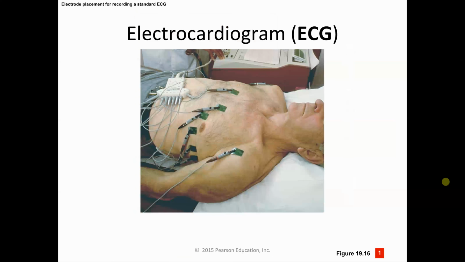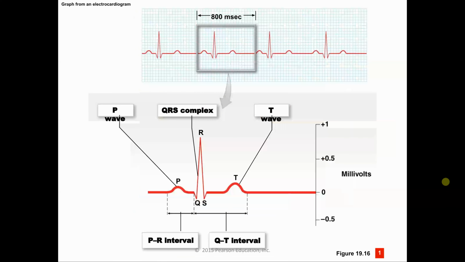Alright, so an electrocardiogram is going to be able to tell us what the electrical signals of the heart are doing. So one kind of misconception is when you're looking at this, you're looking at the pathway of the blood or the heart's beating, but you're actually looking at the electrical signals of the heart.